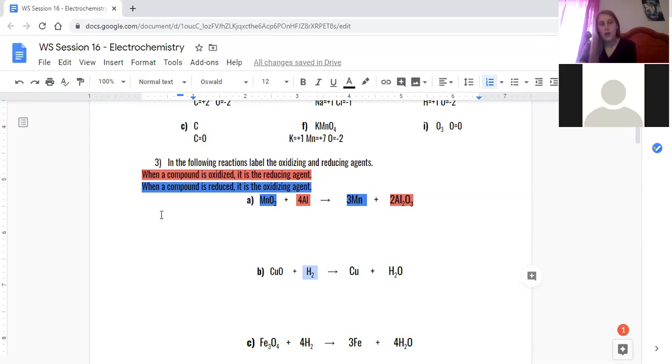So it makes it 0. Perfect. Then we're going to look at it over here, and it's with oxygen. That's always -2. And so that means it's going to have to be positive, plus it's in the front, which makes it positive. So you know that's going to go from 0 to a positive number. So is it oxidized or reduced?